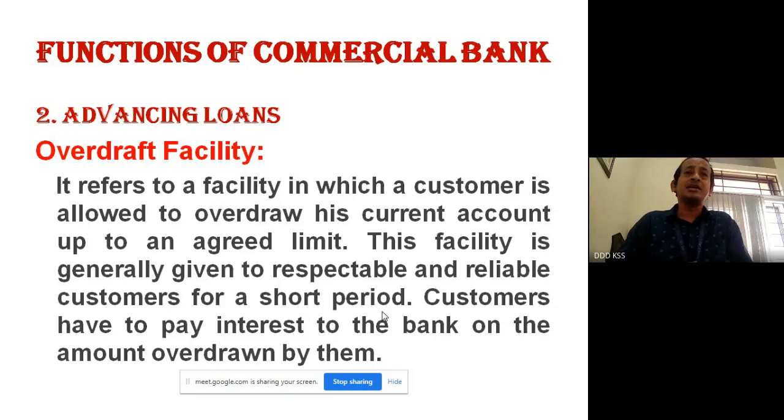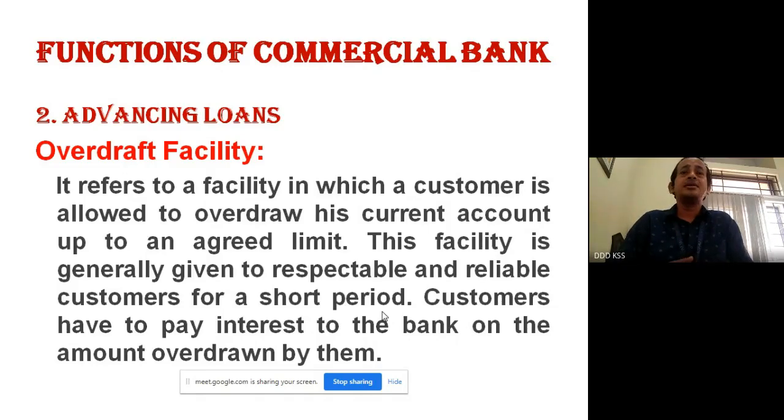This facility is generally given to respectable and reliable customers for a short period. Customers have to pay interest to the bank on the amount overdrawn by them. This is basically the overdraft facility as an advancing loan category, and it comes under the primary functions of commercial banks.